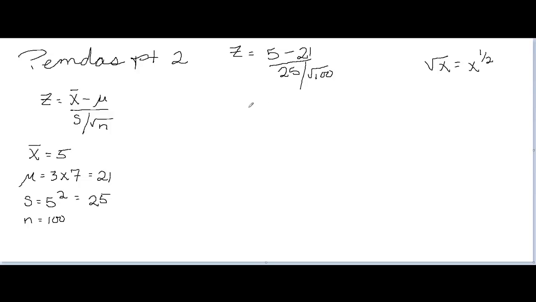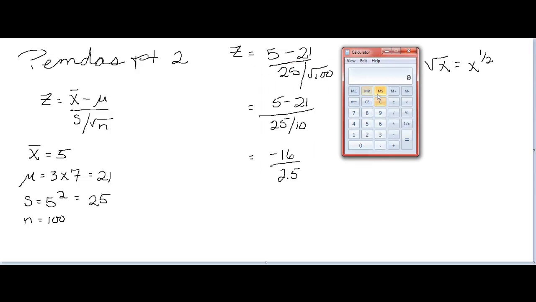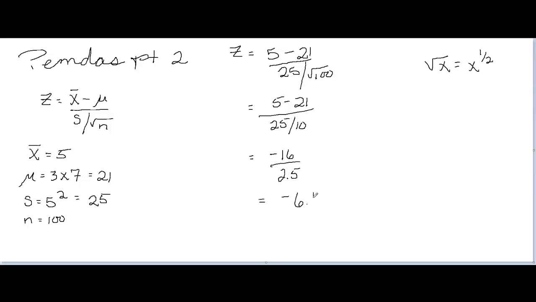So our exponent is actually the square root of 100. So 5 minus 21 over 25 divided by 10. That equals negative 16 over 2.5, which, trusty faithful calculator, negative 16 divided by 2.5, which equals negative 6.4.